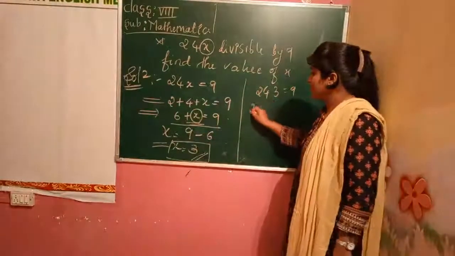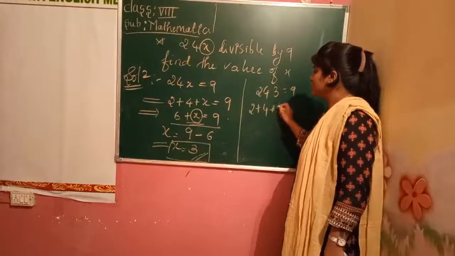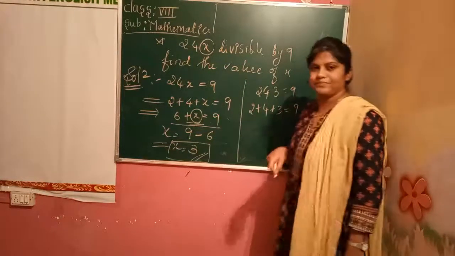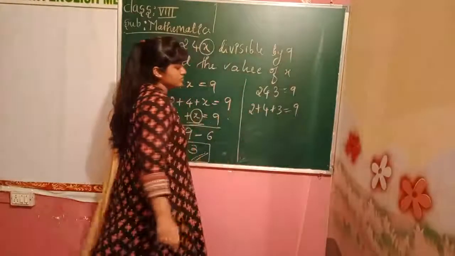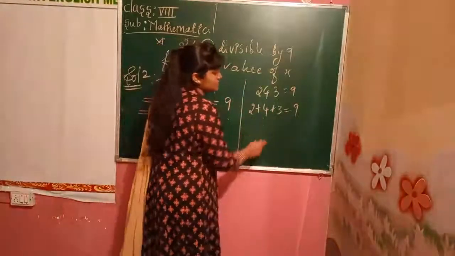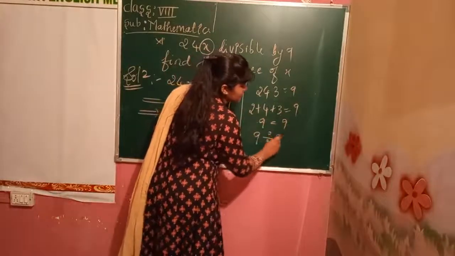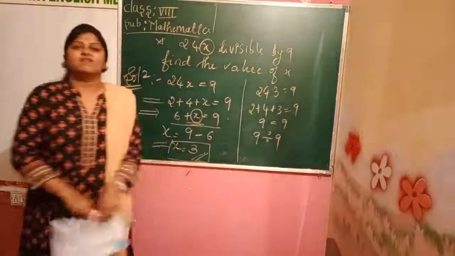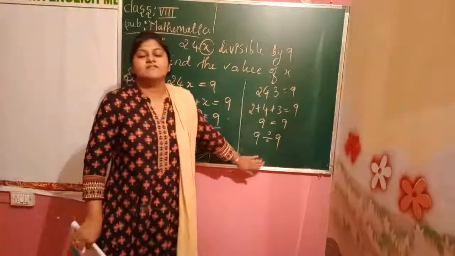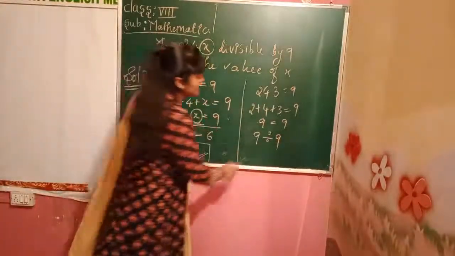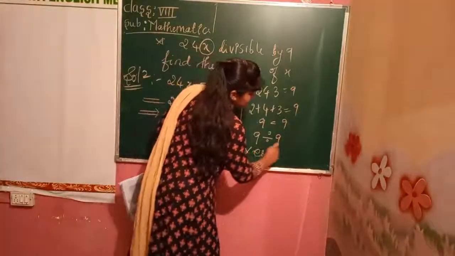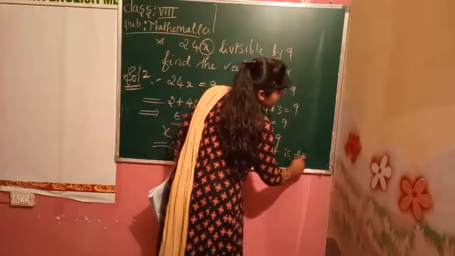Separating it, 2 plus 4 plus 3 is equal to 9. Adding these, 2 plus 4 is 6, plus 3 is 9. So 9 is divisible by 9 itself, 9 ones are 9. Yes, it is divisible.